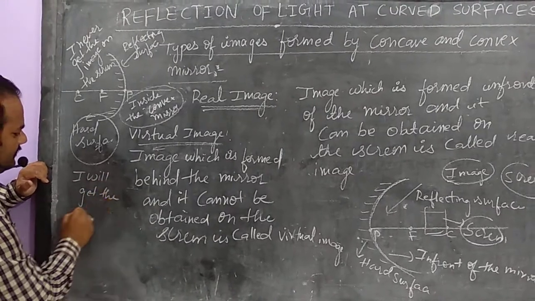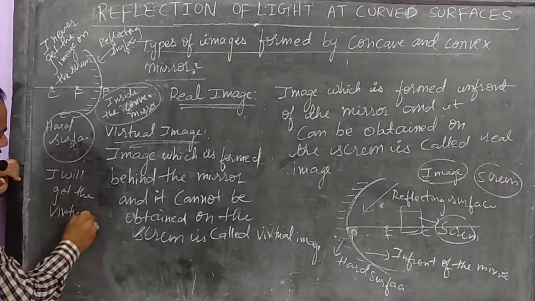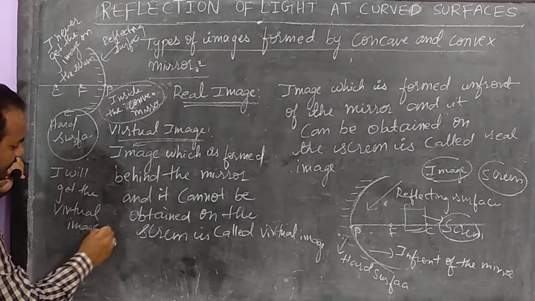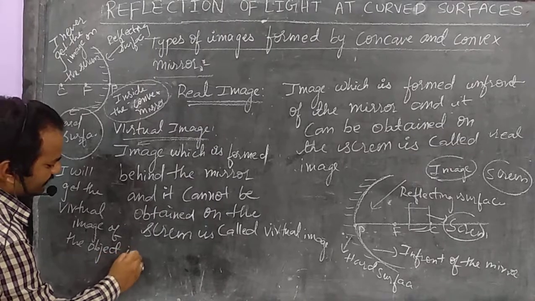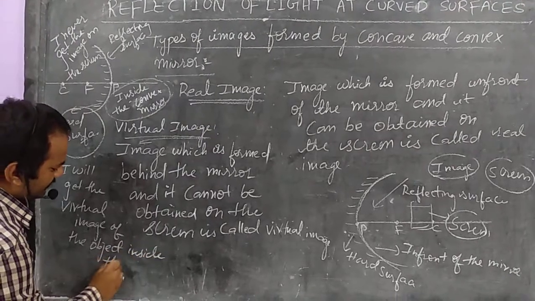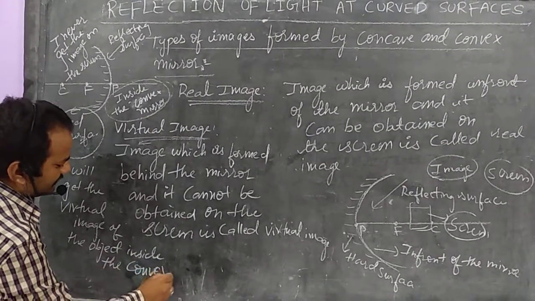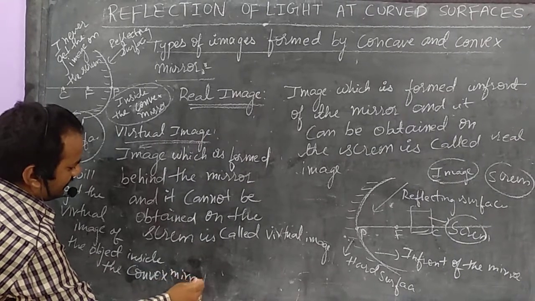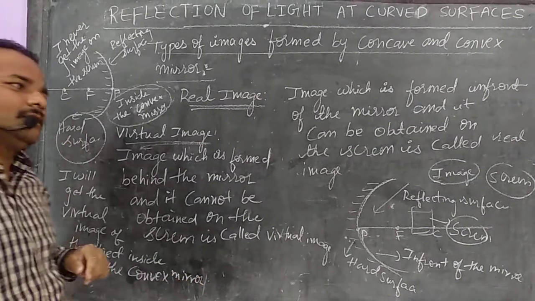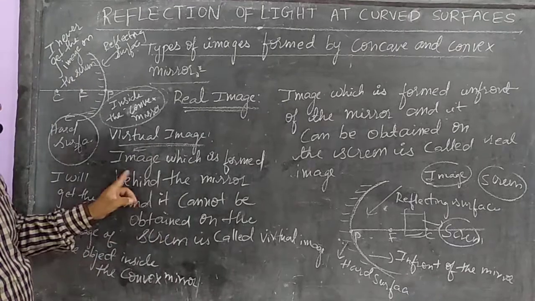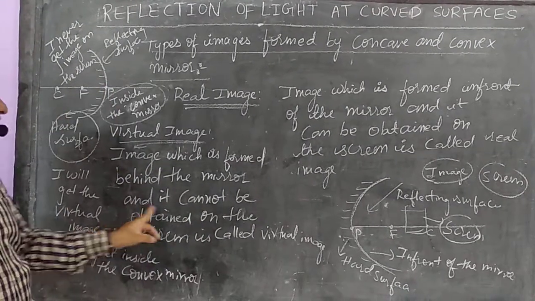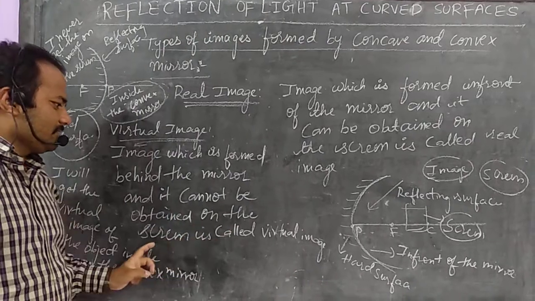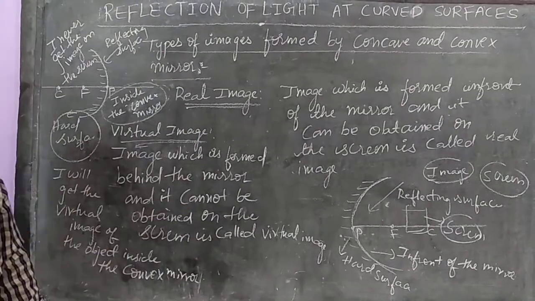I get the virtual image of the object inside the convex mirror, because I can't get the virtual image on the screen. The definition says that an image which is formed behind the mirror, and cannot be obtained on the screen, is called virtual image.